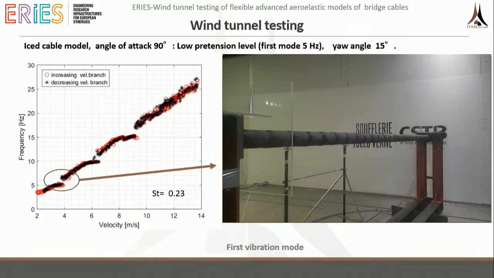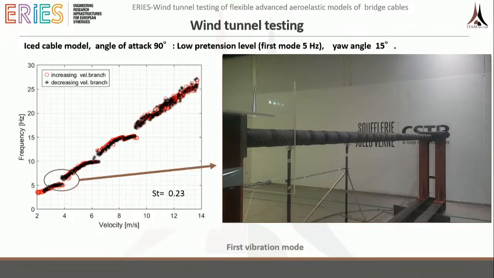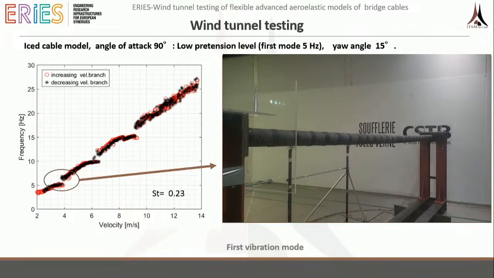And what can we see here? With a yaw angle of 15 degrees, we also have this structure of lock-in effects at each frequency. And I mean not each, because the fourth is not visible here, but first, second, and third are visible.